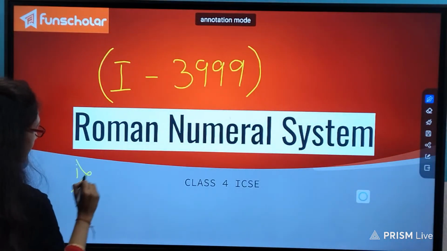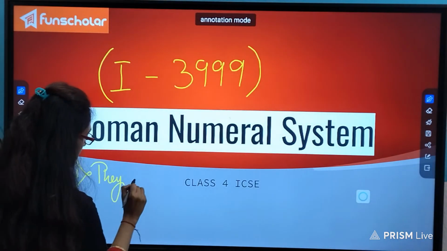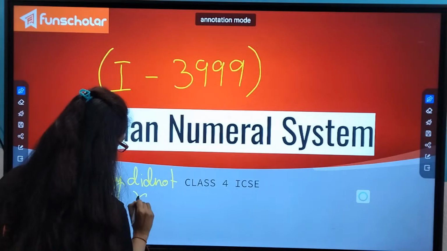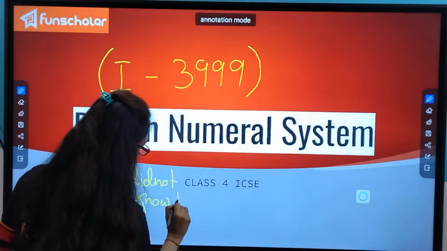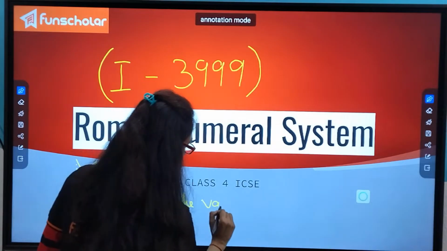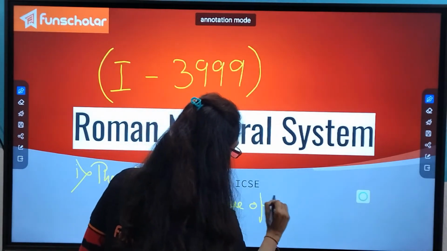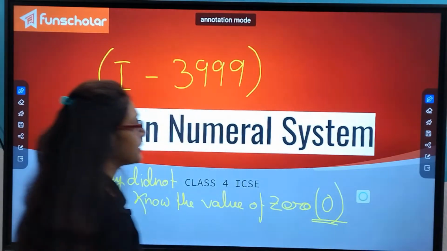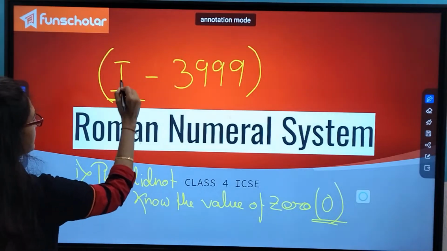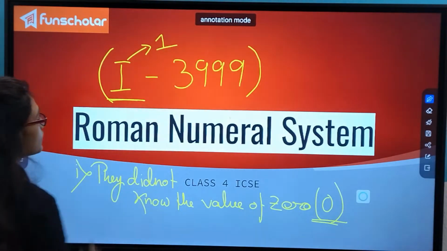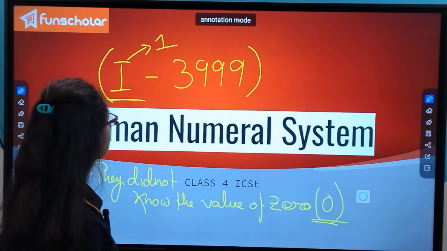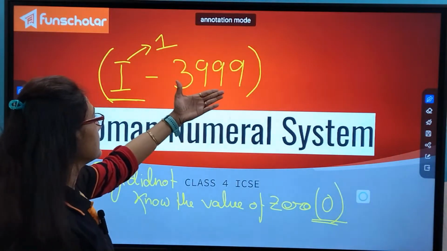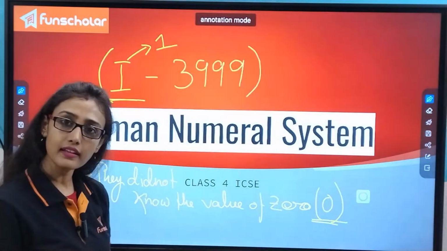First, they did not know the value of 0. The Roman numeral starts with 1, that is I. I represents 1 over here. And they did not know that the numbers are infinite. The number system is infinite. They knew only up to 3999.